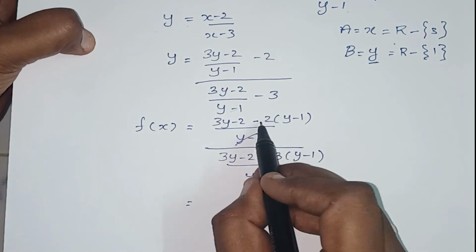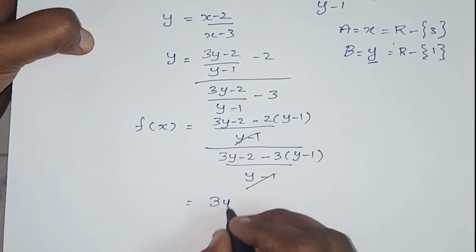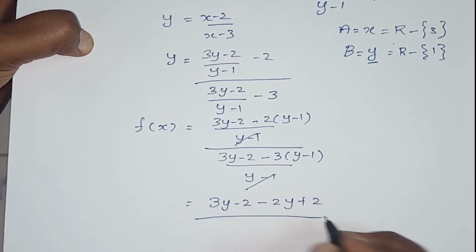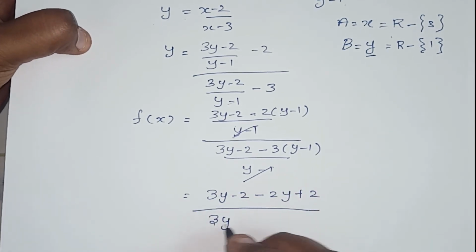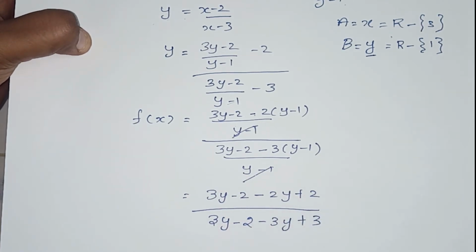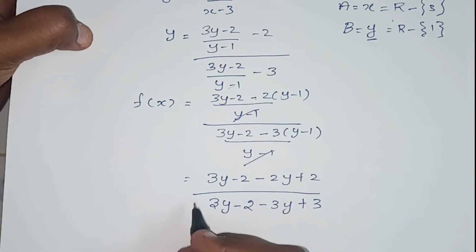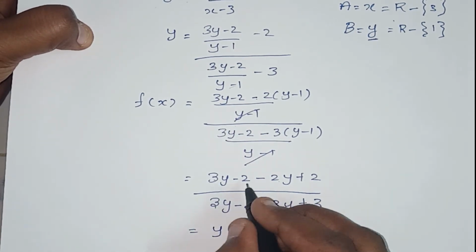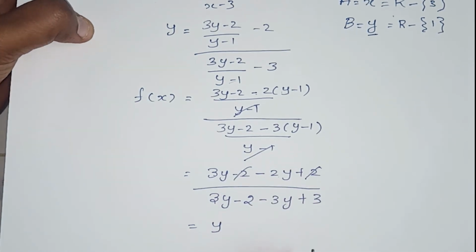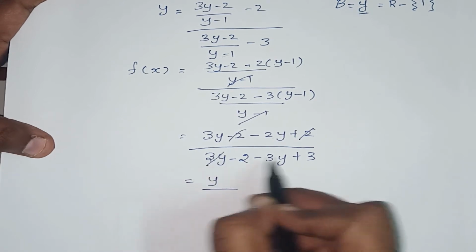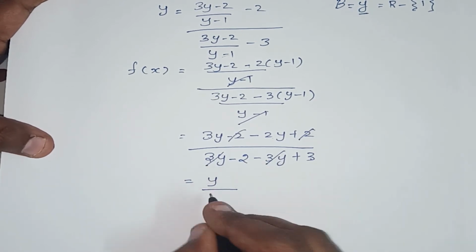By multiplying minus 2 inside, we get 3y minus 2 minus 2y plus 2, divided by 3y minus 2 minus 3y plus 3. So 3y minus 2y is nothing but y. Minus 2 and plus 2 we can cancel. In the denominator, 3y and minus 3y we can cancel, so 3 minus 2 is 1.